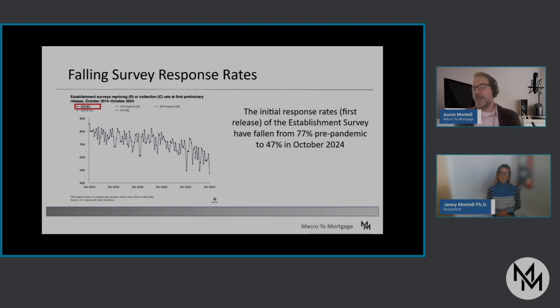Various hypotheses are out there about why this is, including survey fatigue, which I think we all probably feel at some point when everybody's asking us to fill out surveys. Also, there's some mistrust of surveyors and/or government, which makes sense. It could be playing a role.